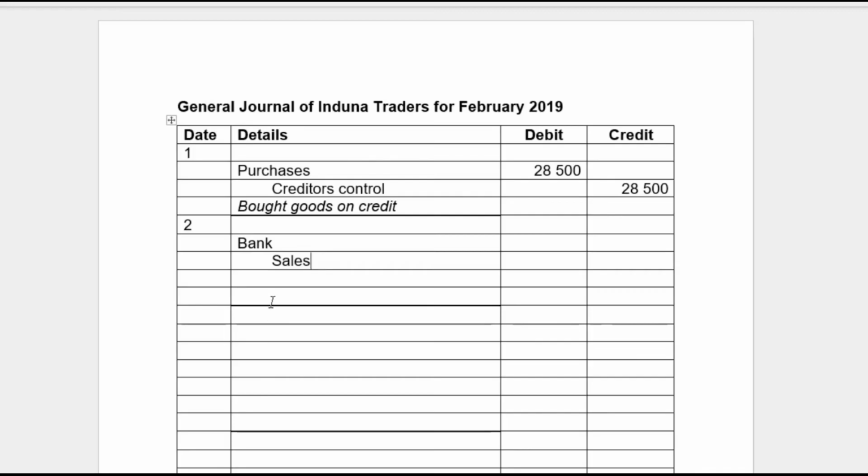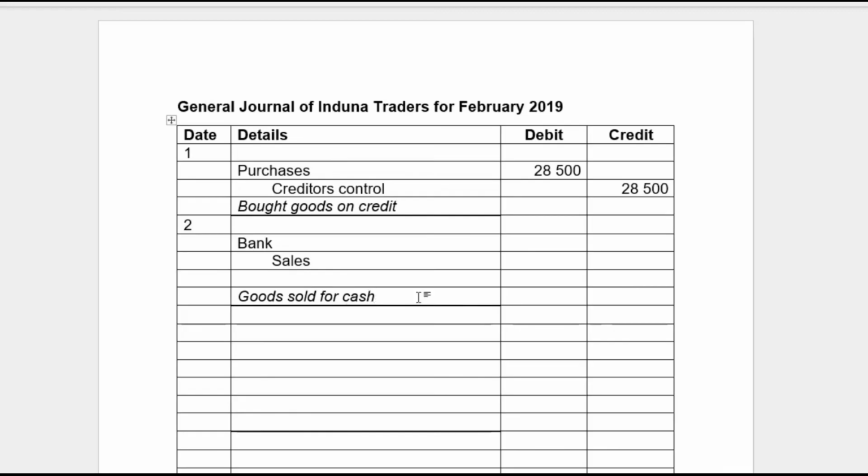Put your narration there. Goods sold for cash.